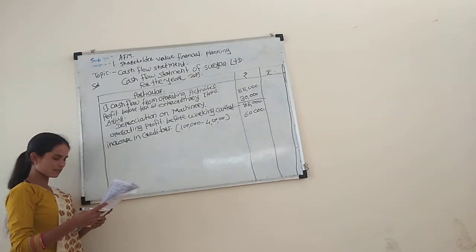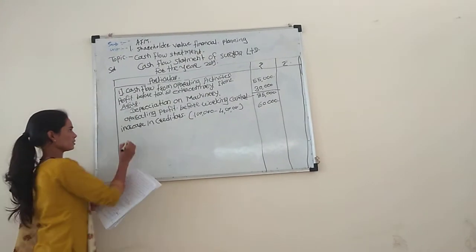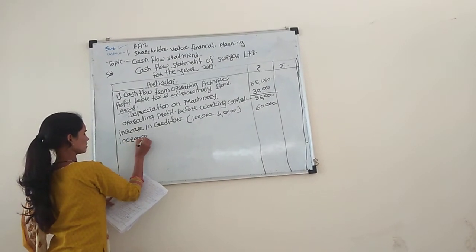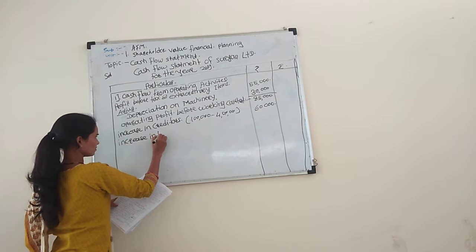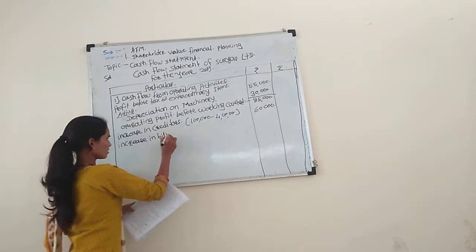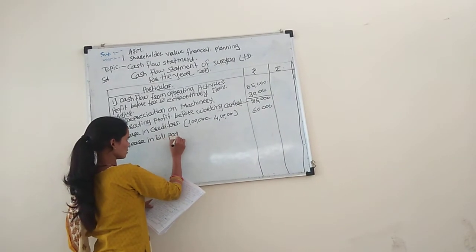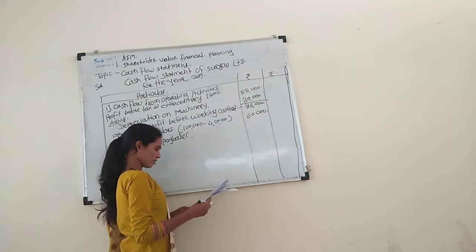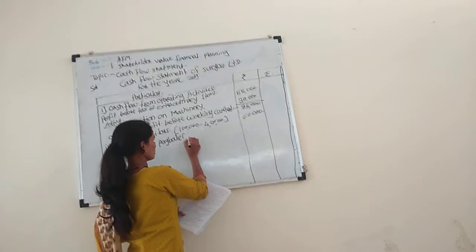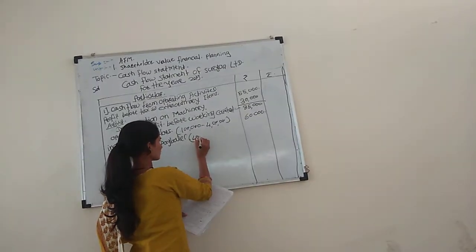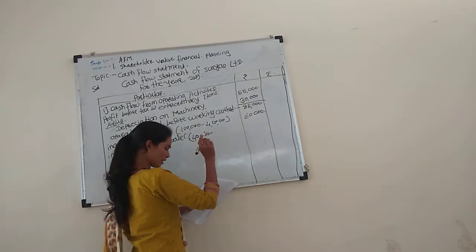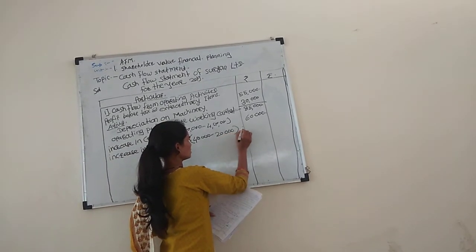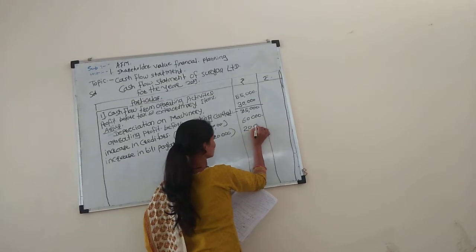Next is increase in bills payable. Show the liability side: 40,000 minus 20,000 is equal to 20,000.